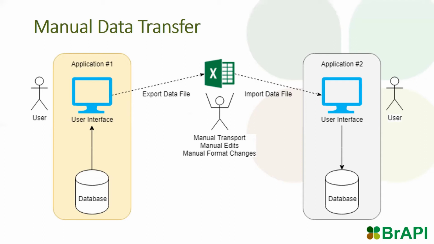This usually involves an external piece of technology, such as email, a shared file system, or even a thumb drive to physically move the data. Finally, the user is required to import this data into the second application. This process can be slow and error-prone. There might be manual edits and format changes, as each export file and import template might be slightly different.